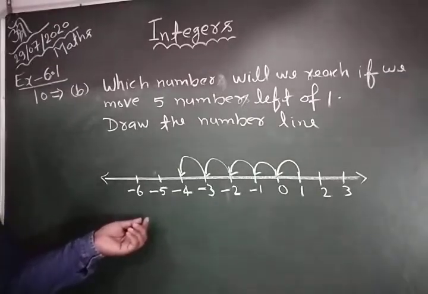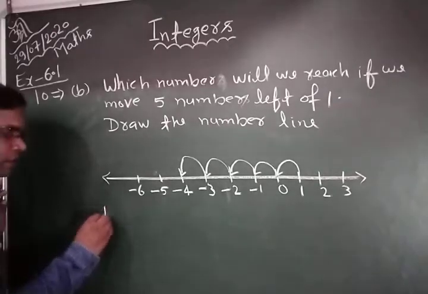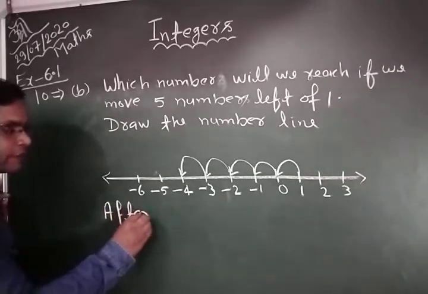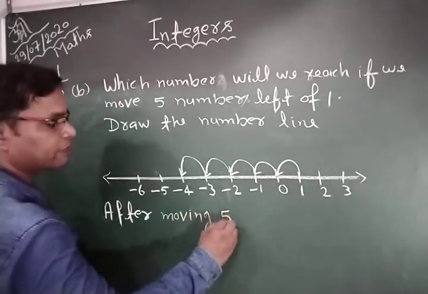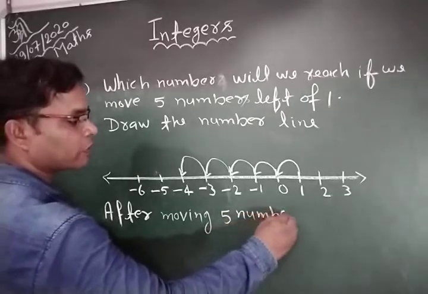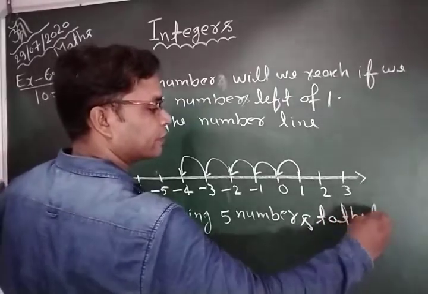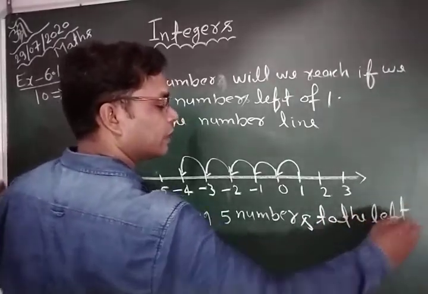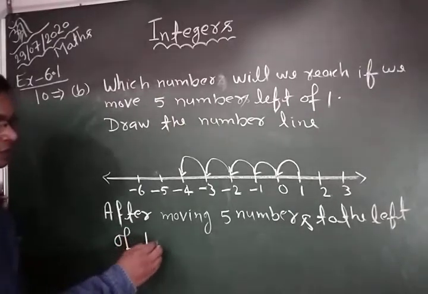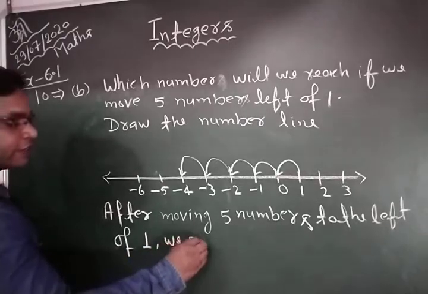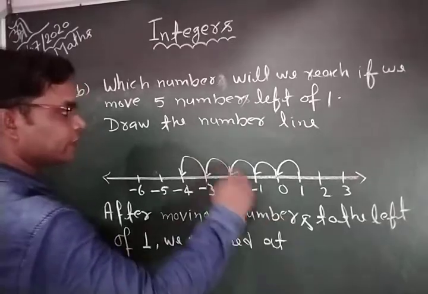-4. So you can write here after moving 5 numbers to the left of 1, we reached -4.